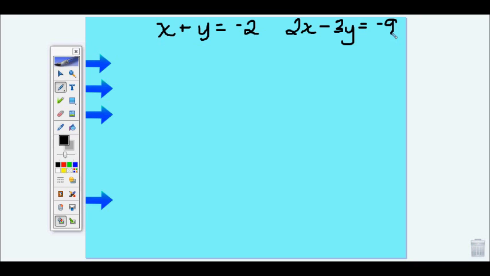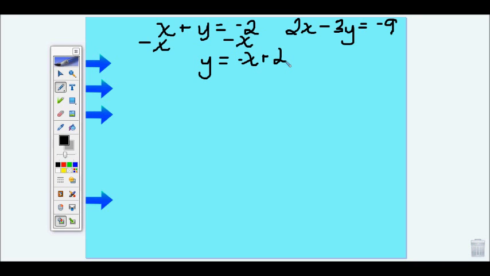I'm going to put these into slope-intercept form. So for this one, I need to get rid of my x, and so my slope-intercept form will be y is equal to negative x minus 2.